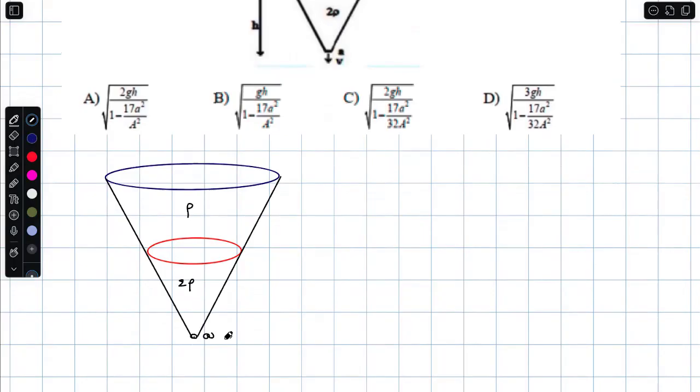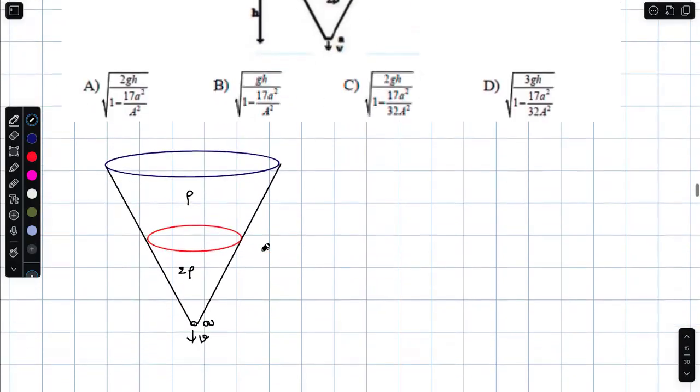Here, area of cross section is A, comes down with velocity V. This is a H height. And this is also a H height.